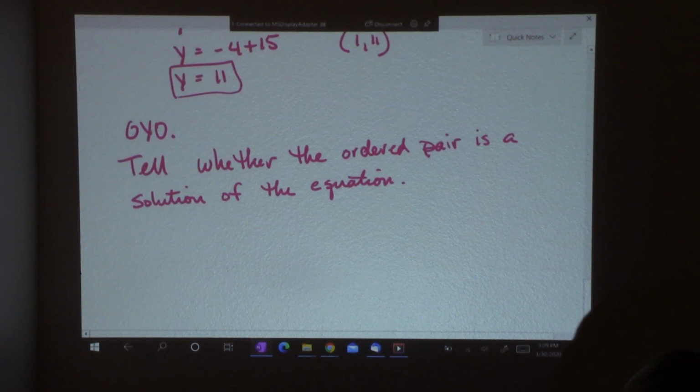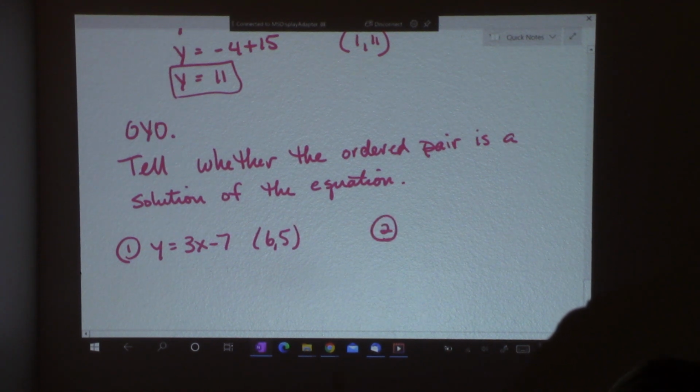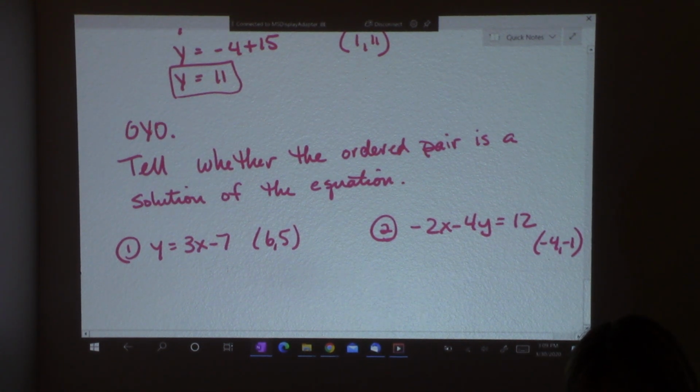Here's number 1: y equals 3x minus 7, and we want to know if 6, 5 is a solution. And number 2: I have negative 2x minus 4y equals 12, is negative 4, negative 1 a solution? That's the first two.